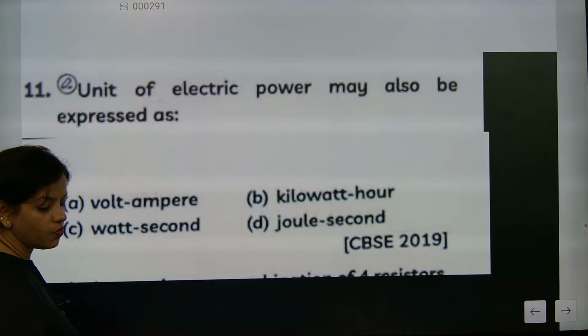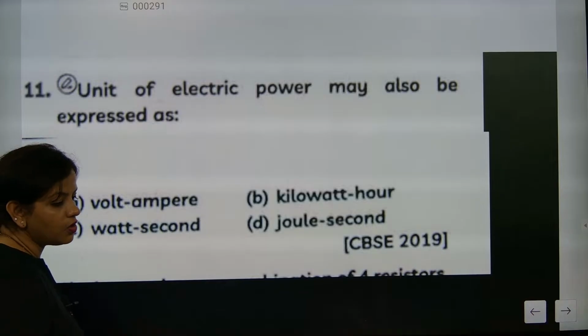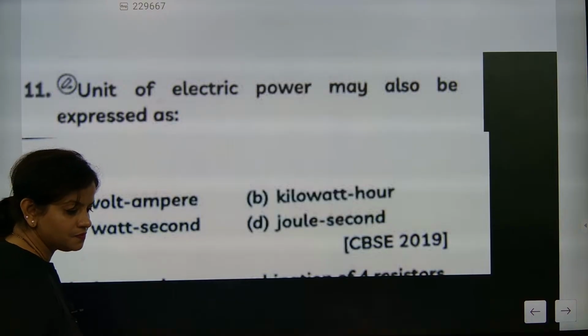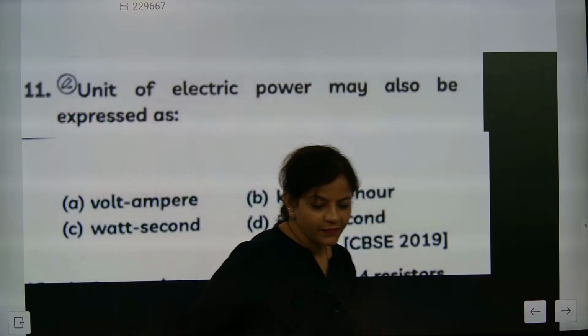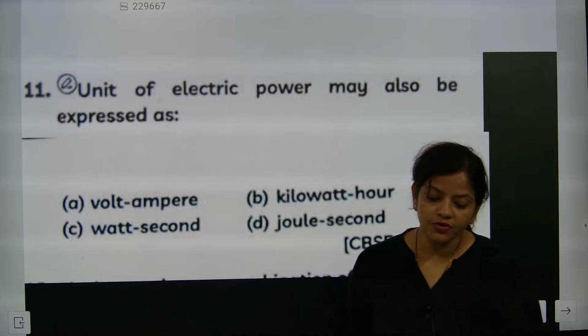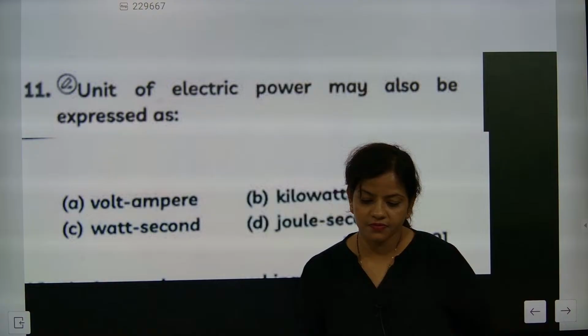See, Vishwa is telling watt second. Kilowatt hour. It is joule per second, so it will not come correct. Kilowatt hour and watt second are units of energy.